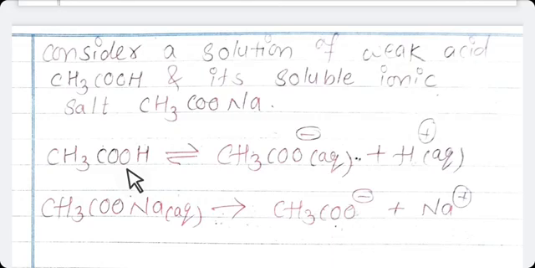It is known as the common ion effect. It only occurs when one is a weak electrolyte and the other is a strong electrolyte and both contain a common ion.